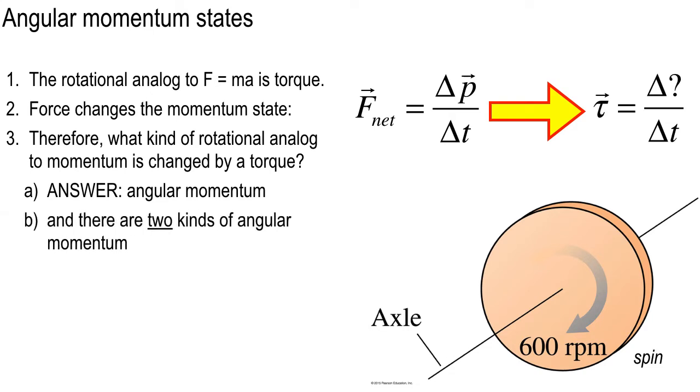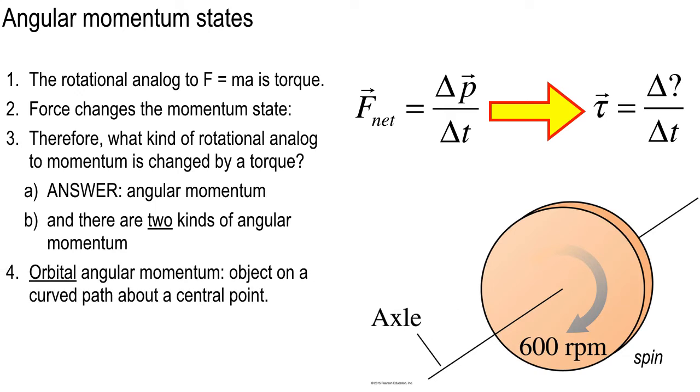And there are two kinds of angular momentum that we're going to try to get a concept of. The first one is called orbital angular momentum. That's the momentum that has a sense of spin relative to a central point or even a central axis.